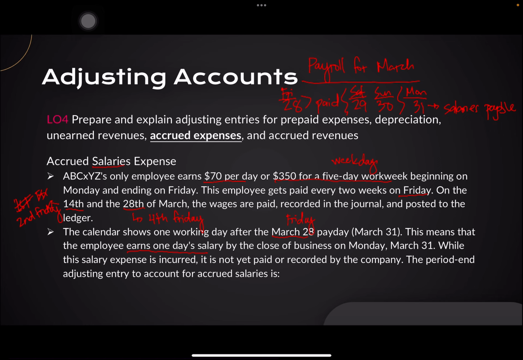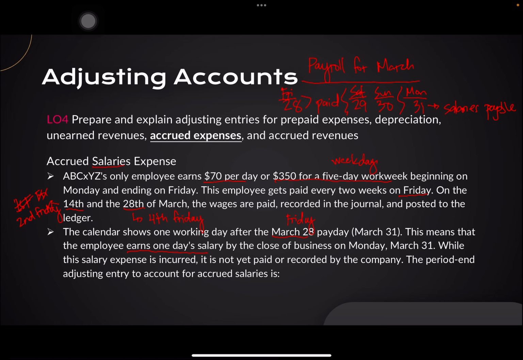Then the period end adjusting entry to account for the accrued salary is, so now this one day that was worked on by our employee, it means that we have one day in March that we haven't paid yet, right?